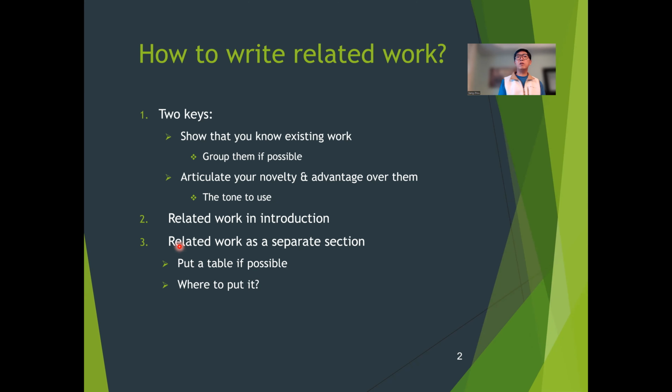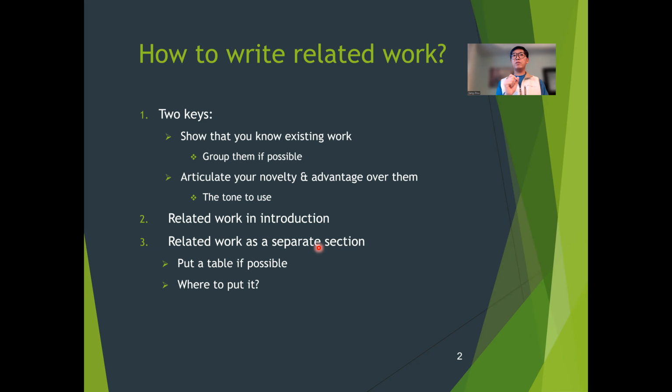Okay, related work should be better described as a longer section, right? To go into much more detail, as a separate section. Now, let's show the separate section. So again, you're going to group, and you're going to articulate 2 things.